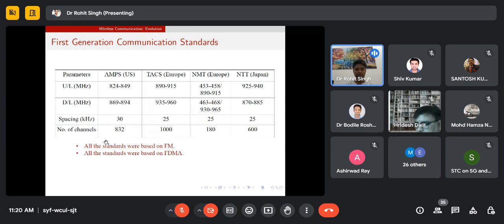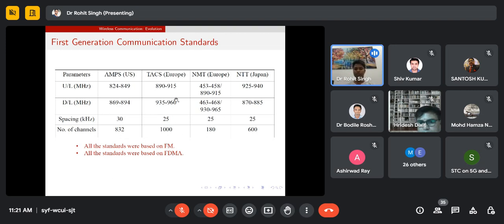We have a total availability of 25 megahertz, and the channel spacing per call is 30 kilohertz. So how many users can we accommodate? 849 minus 824 equals 25 megahertz, divided by 30 kilohertz. That gives you 832 users that could be accommodated in this band in the first generation for uplink and downlink.